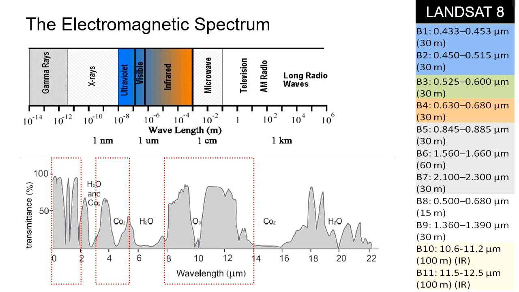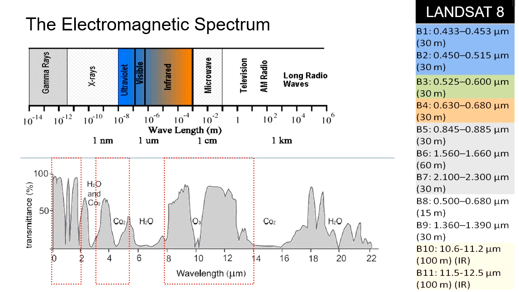Because of the presence of atmospheric moisture, strong absorption occurs at the longer wavelengths. As the wavelength gets longer, there will be more absorption in the moist area, the water vapor area, shown here as H2O.